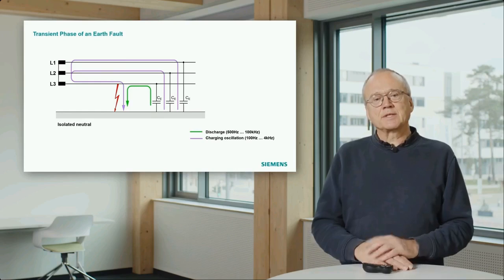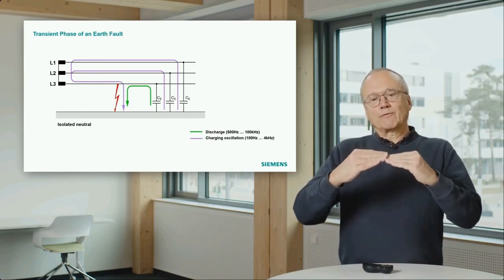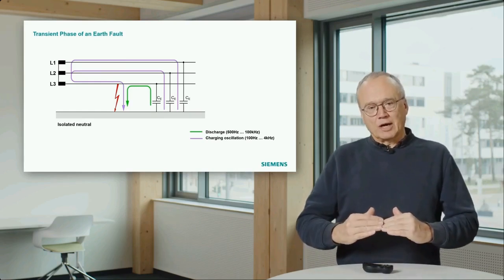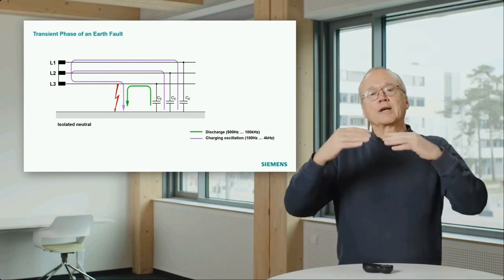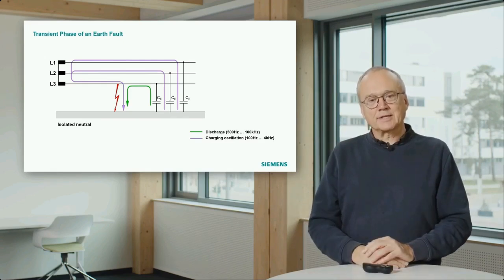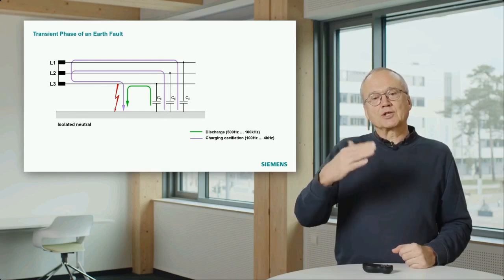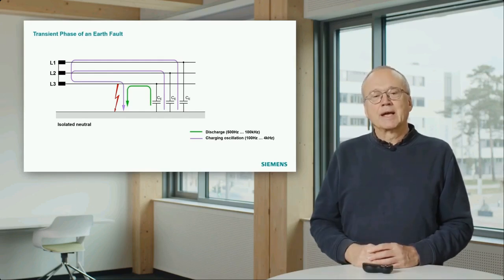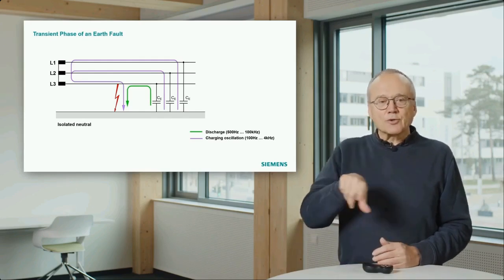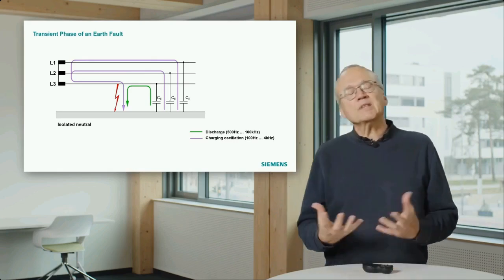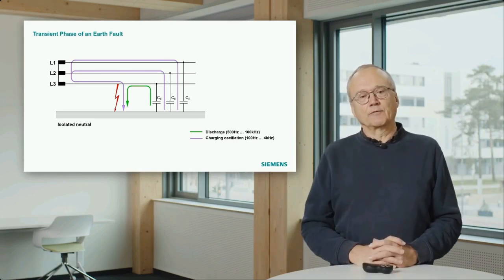And that means, because now one phase is connected to ground, the potential of the other phases rises, and we have to charge the two other capacitors. And this charging runs through the transformer. That means a higher inductance is involved in that.